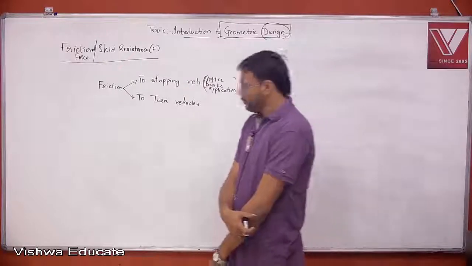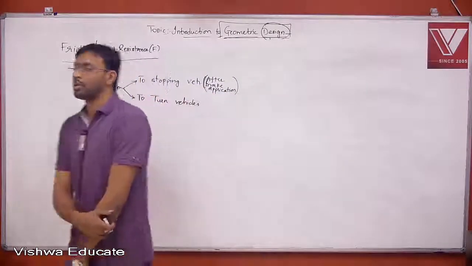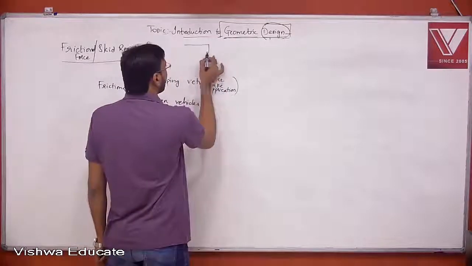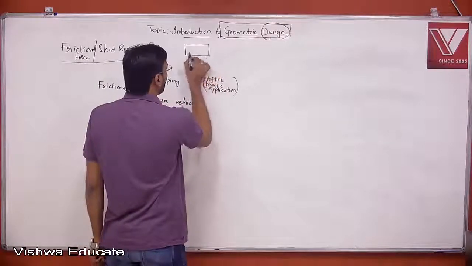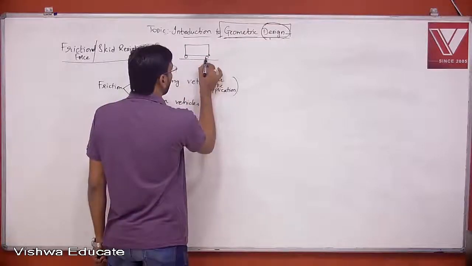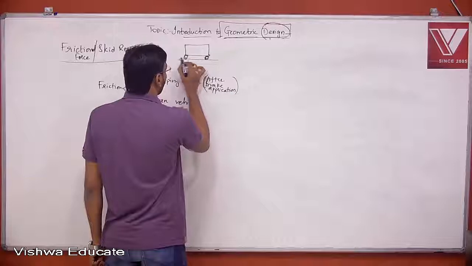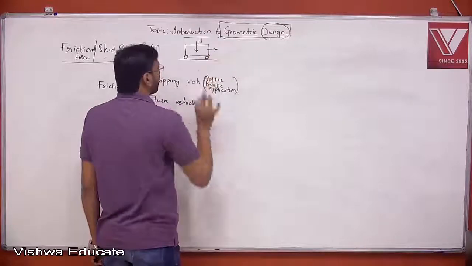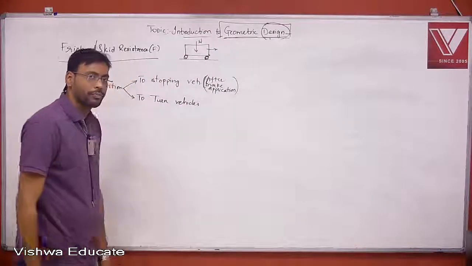Now, let us consider that your vehicle is traveling on a plain road, a level surface. Let us say the self weight of the vehicle is W and your vehicle is moving in this direction.